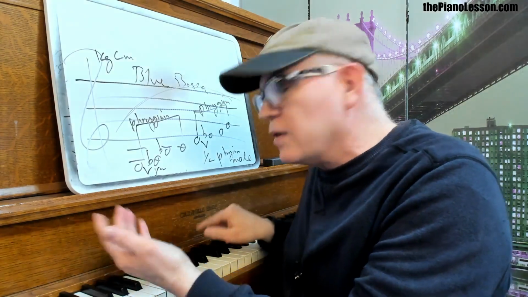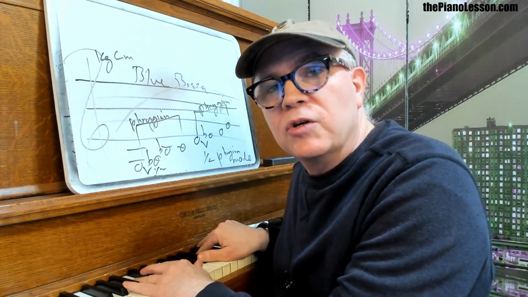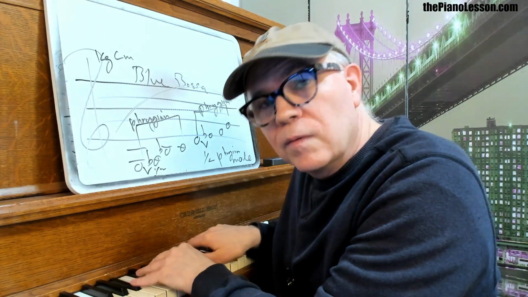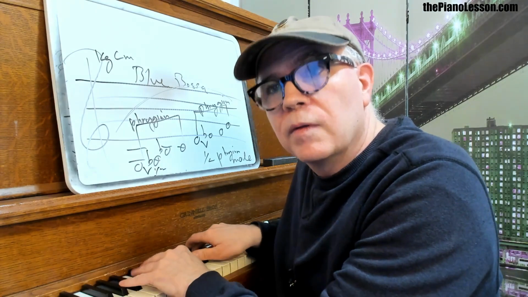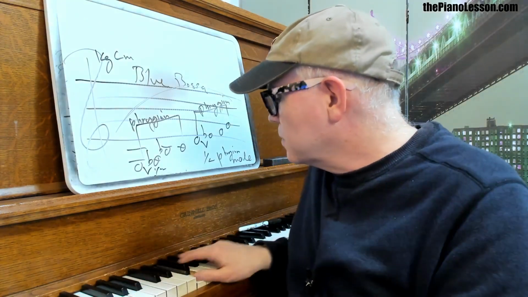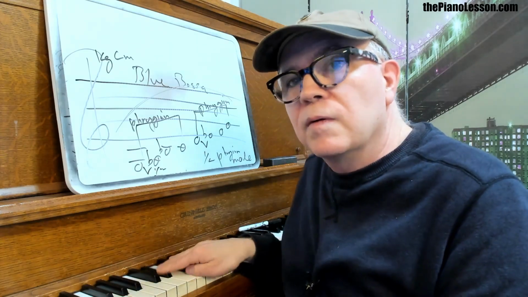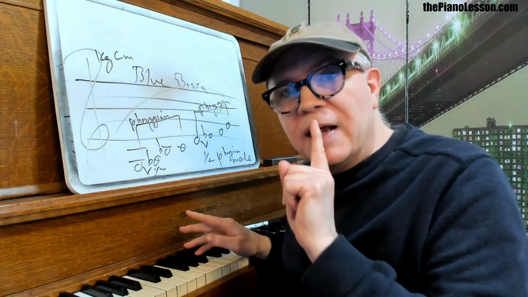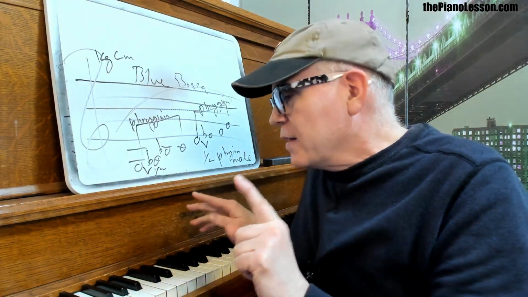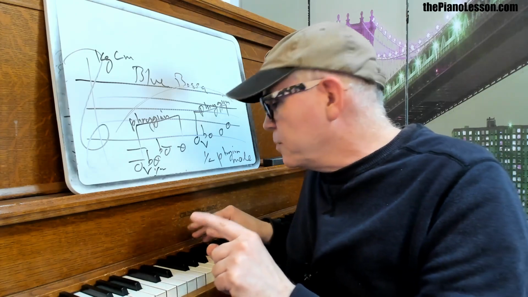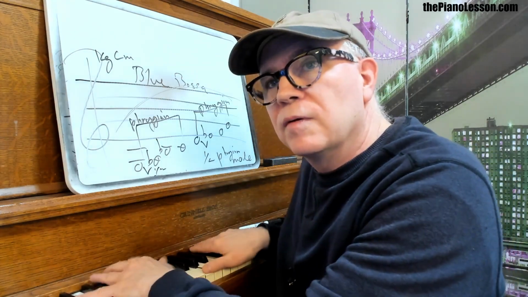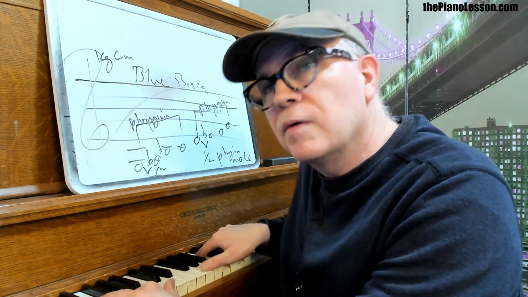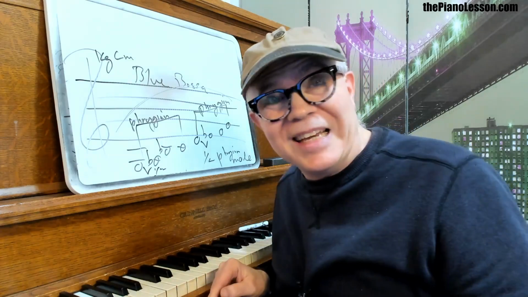Or there's more than one right answer. It could potentially be E flat. And that scale is Mixolydian. Or it could be, and I think this is maybe a better answer, this is an odd piece, it ends up going to C.